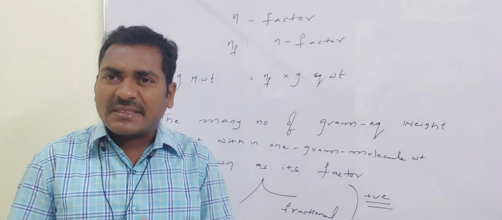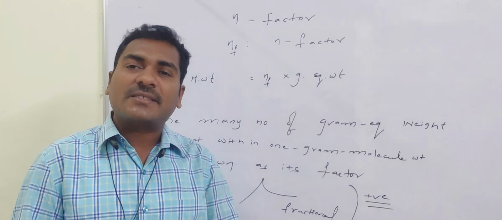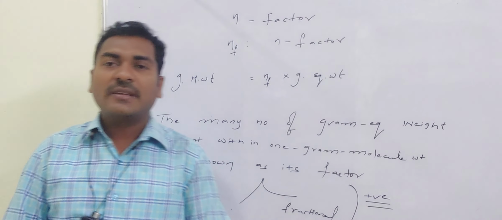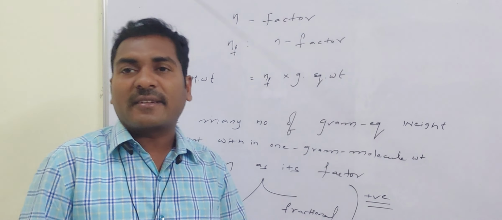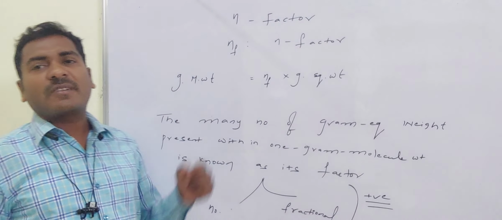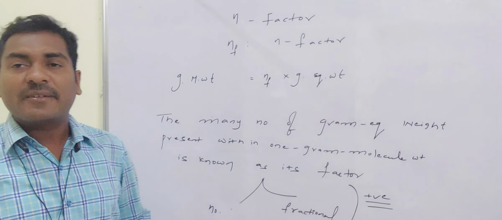Based on these different possibilities of redox reactions, how to calculate the n factor subtopic wise, let us have an elaborate brief discussion. Everywhere it maintains the relation: gram equivalent weight into n factor times will become equal to what? Gram molecular weight.